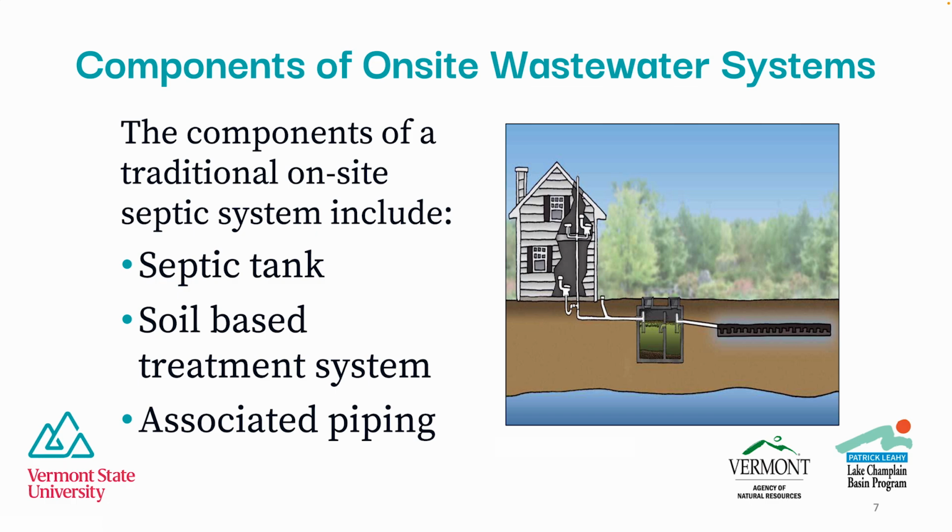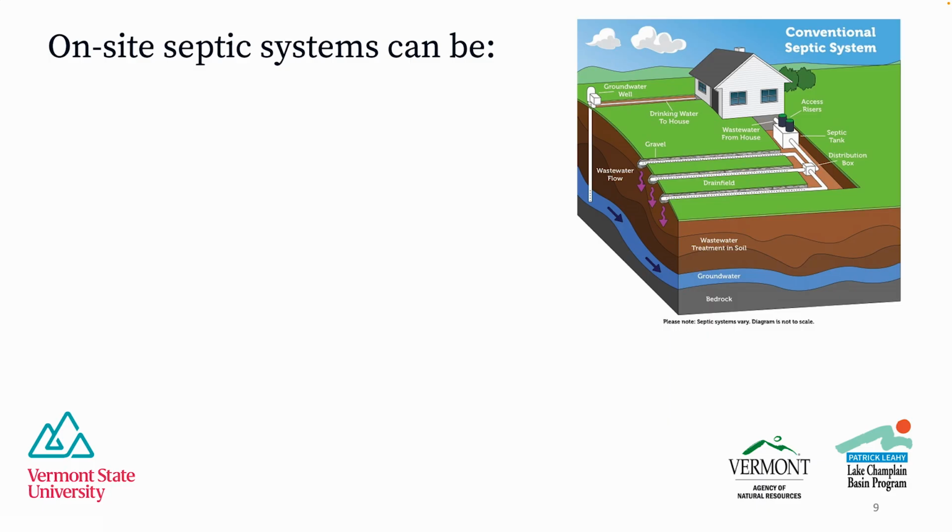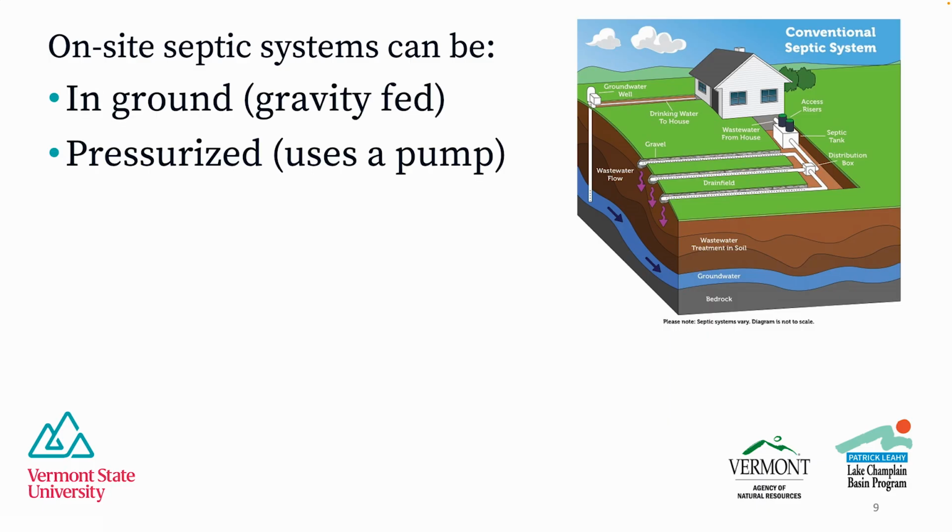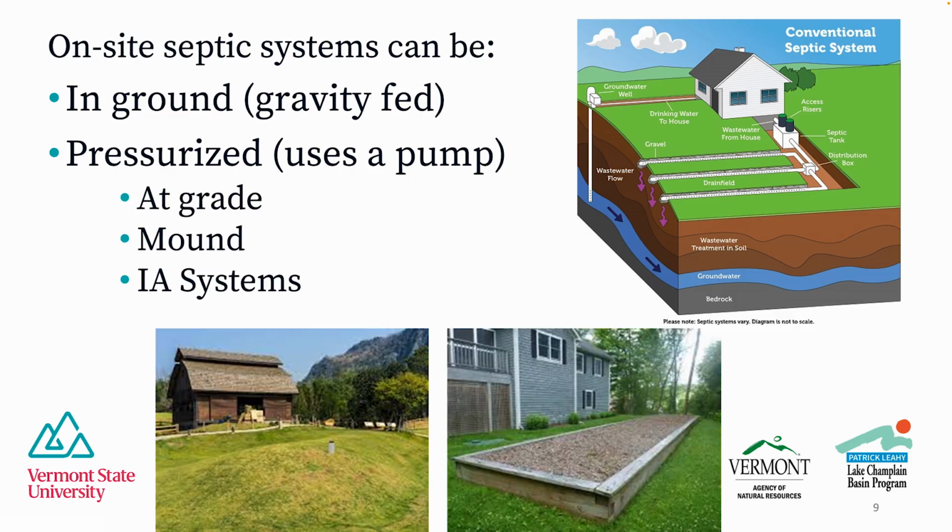These IA systems are used for small and challenging sites, high-strength wastewater, or treatment of specific compounds in the wastewater. All of these systems are soil-based. On-site septic systems can be in-ground, those are gravity-fed, or pressurized using a pump. The pressurized systems can be at grade, so right at ground level, a mound system, or an IA system.